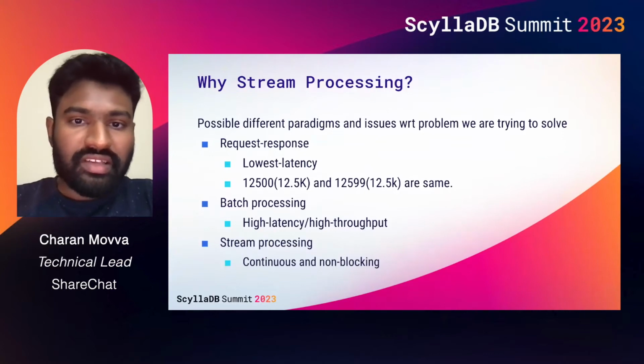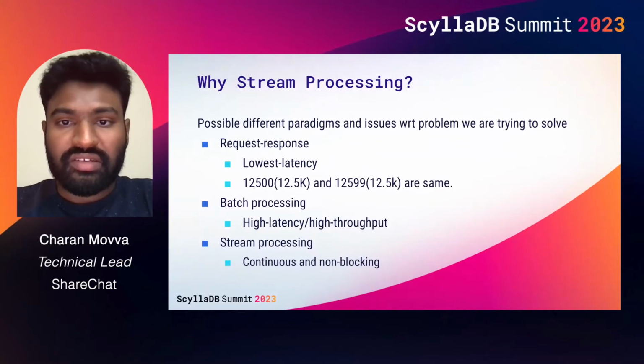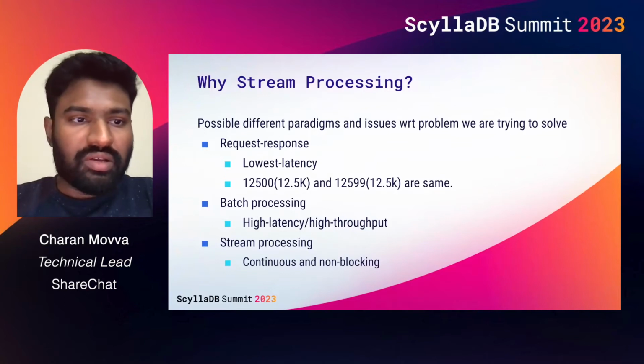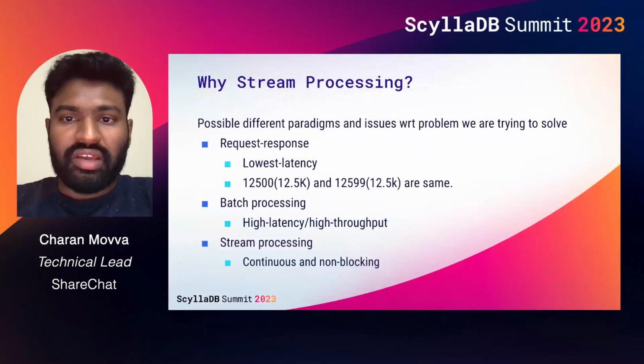And why did I say unnecessary writes or updates? Because, as shown in the slide, 12,500 and 12,599 are the same, because we shorten the number and show it as 12.5K likes on the feed.